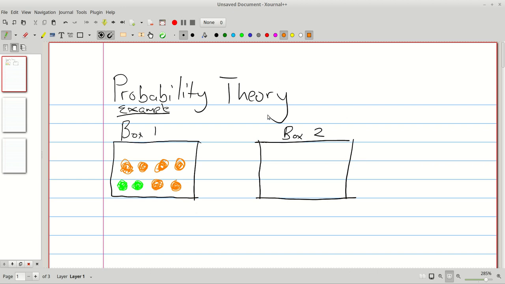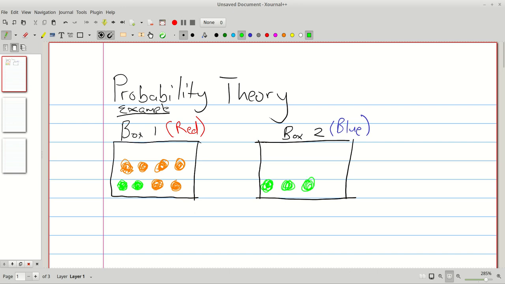Instead of box one, let's call this the red box, right? This is our red box, and this will be our blue box. So in the red box we have two apples and six oranges, and in the blue box, let's say we have three apples and one orange, right?